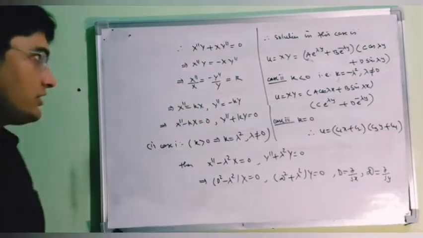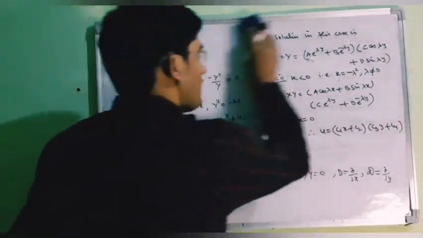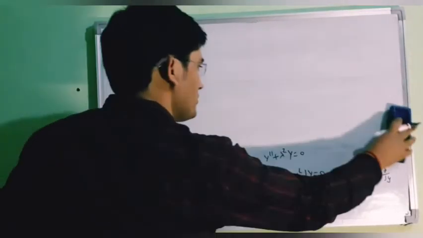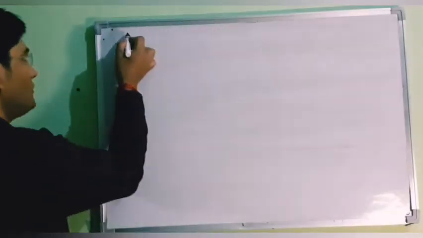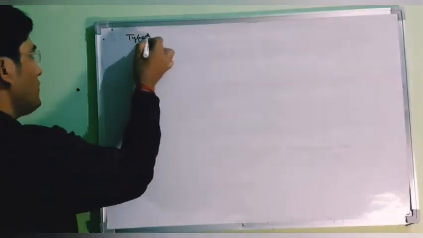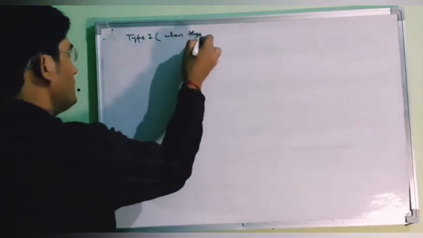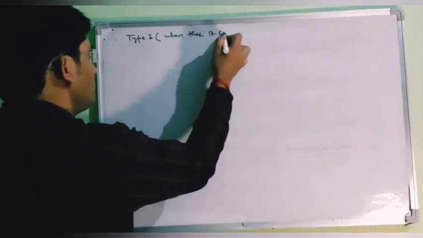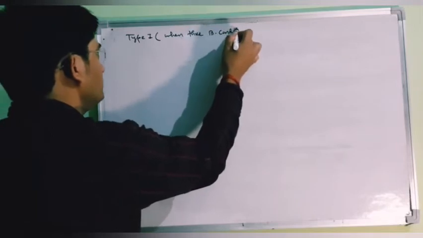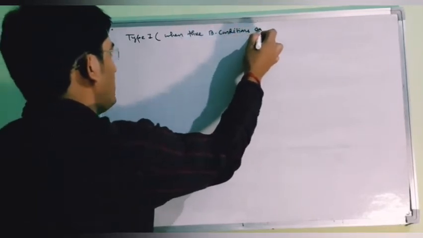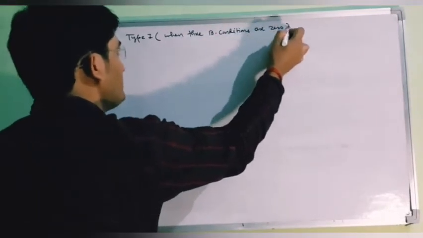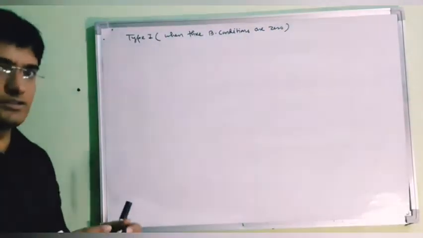So let us solve a question in which only one boundary condition is non-zero and the rest 3 boundary conditions are 0. So this is a type 1 problem, when 3 boundary conditions are 0. That means only one boundary condition is non-zero.